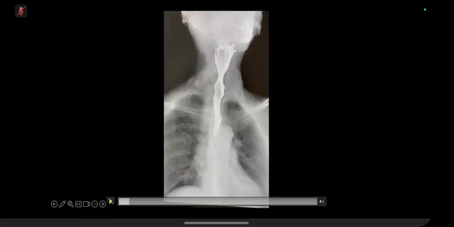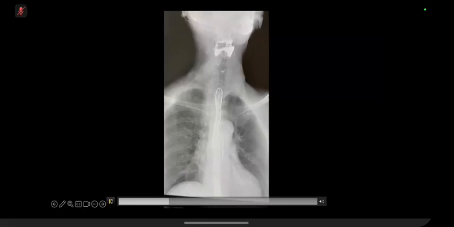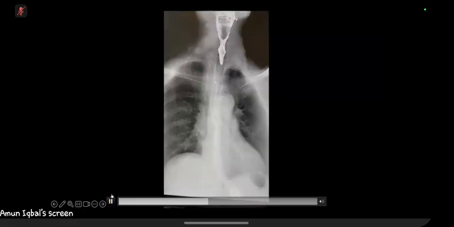Otherwise I don't see anything significant in the lungs, any fibrosis.